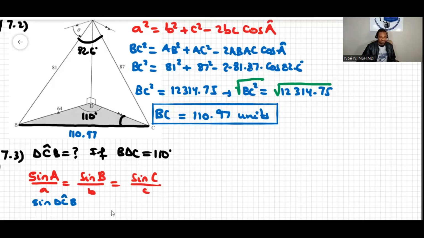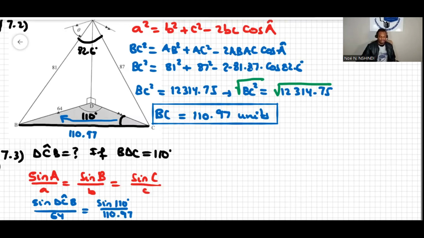This angle over its opposite side, which is 64, will be equal to sine of BDC, which is 110 degrees, over 110.97. Yes, that's what I wanted.